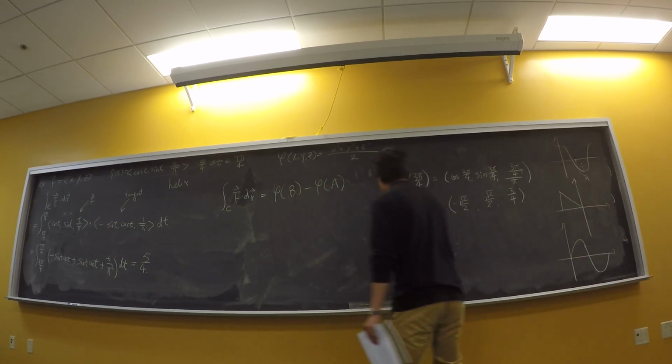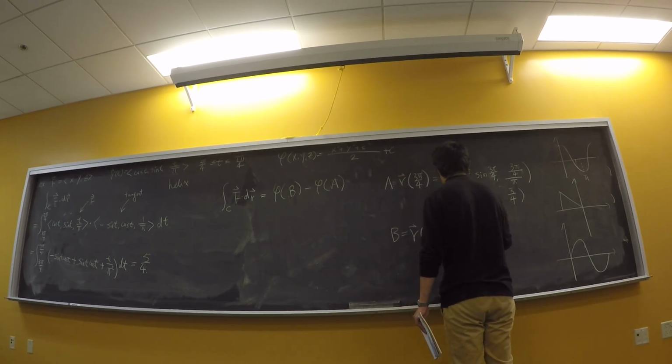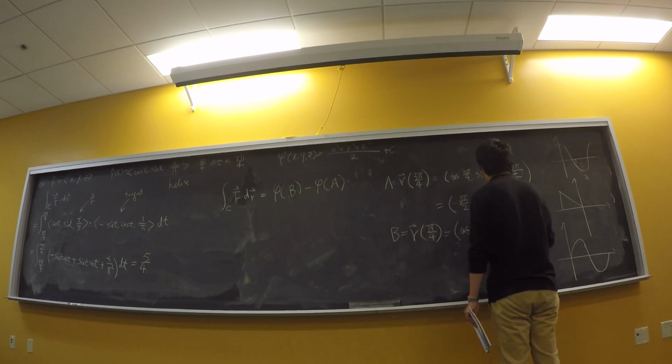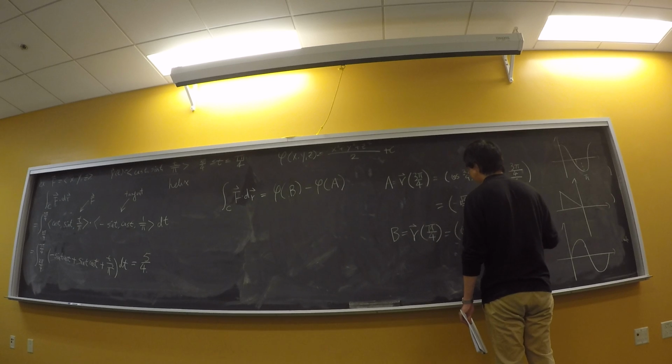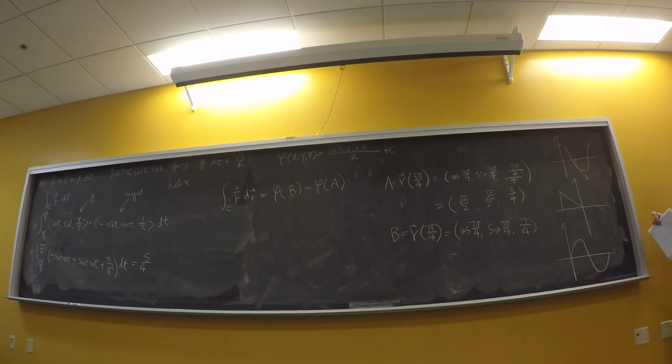My terminal point is going to be r evaluated at 7 pi divided by 4, which means I have to evaluate cosine 7 pi divided by 4, sine 7 pi divided by 4, and 7 divided by 4. What is cosine 7 pi divided by 4? Still you can use the curve or the actual triangles.